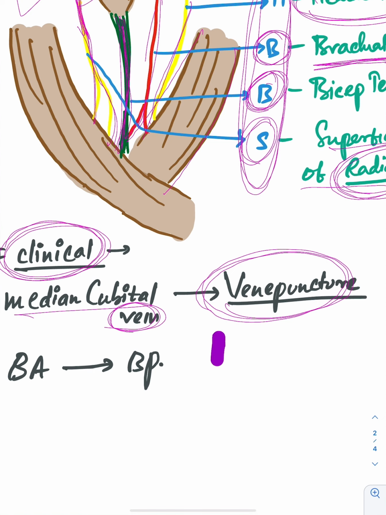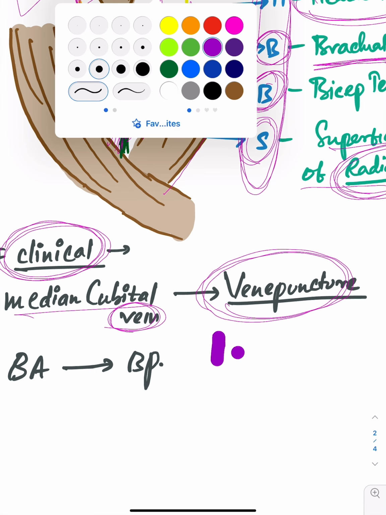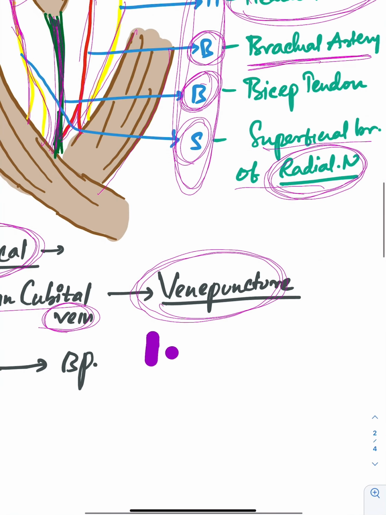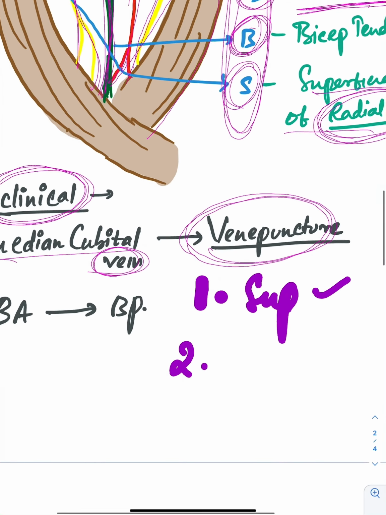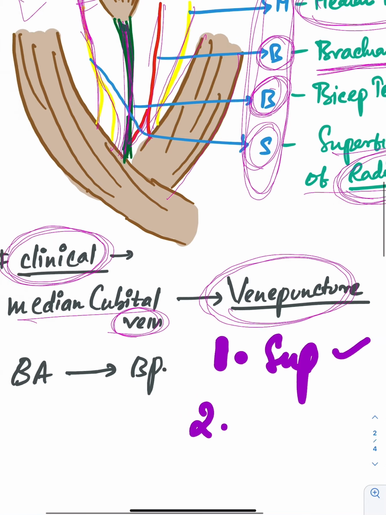So point number one is it is present superficially, so it is available easily. And when you are doing the venipuncture, it does not slip because it is attached to the deep veins via the perforator veins. And also it is easy to access, right?